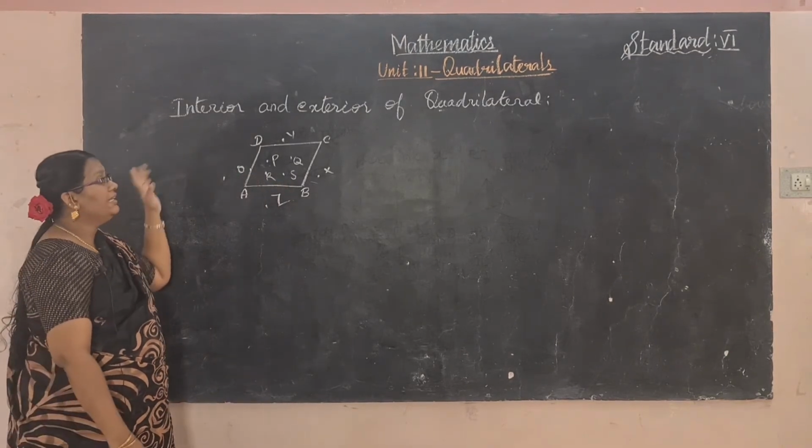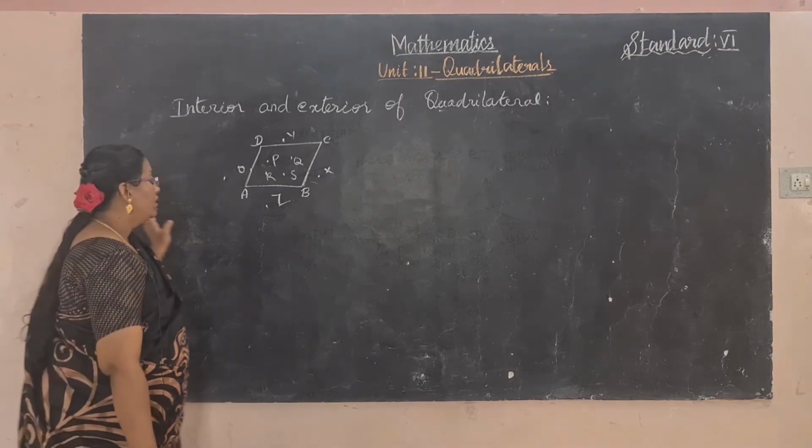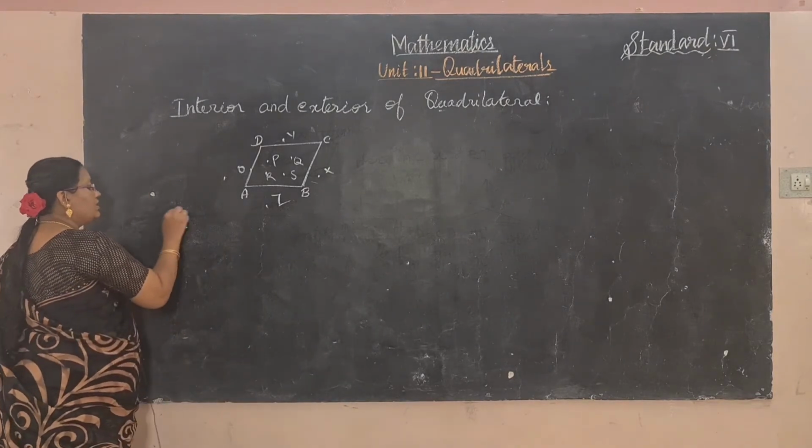It's called the interior of the quadrilateral. So the first one is interior.